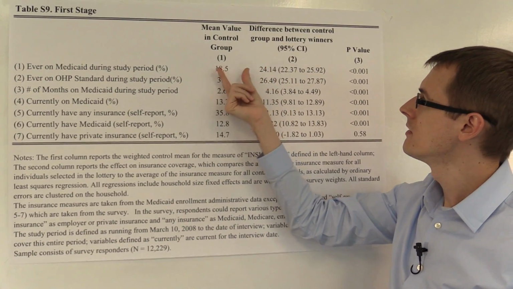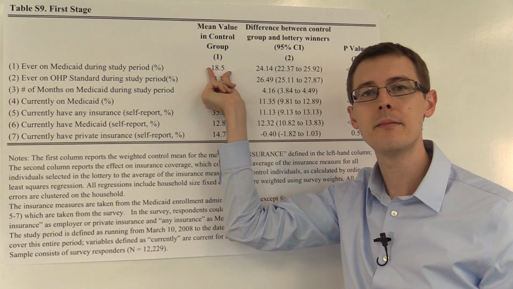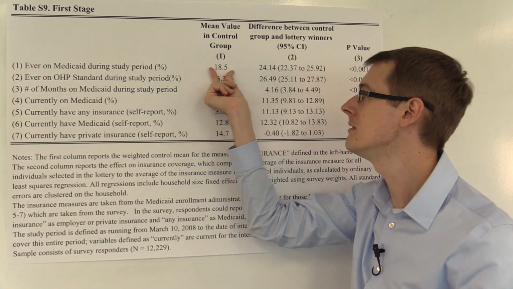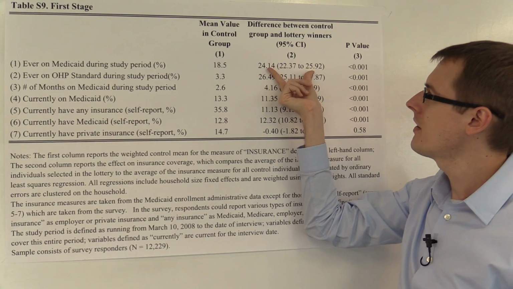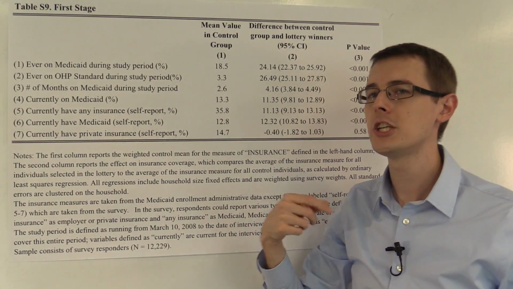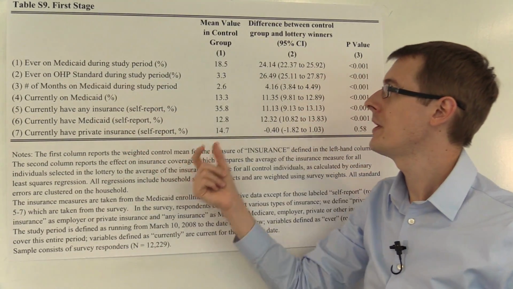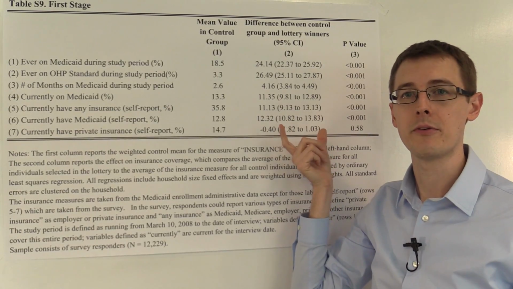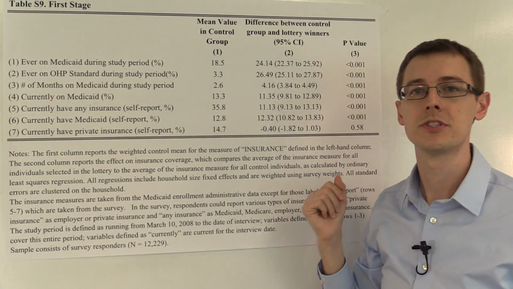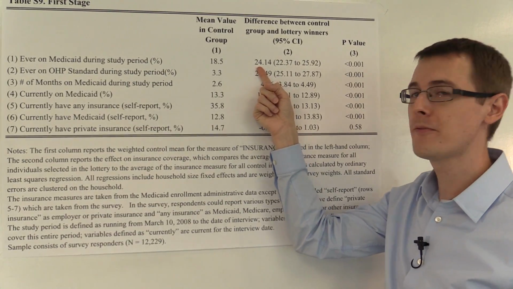So here we see that in the control group, some people still managed to receive Medicaid even though they weren't assigned to it. Then if we look here, this second column shows the difference in the percentage of people who received Medicaid between the control groups and the treatment groups, or the lottery winners, the people who were assigned to get Medicaid. So there's a very large number, 24%.